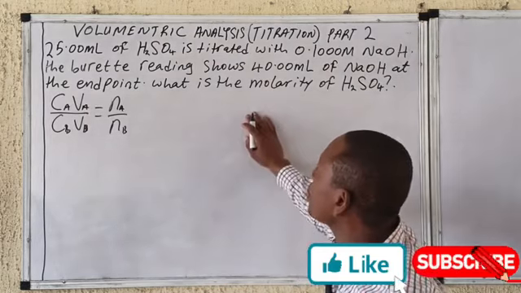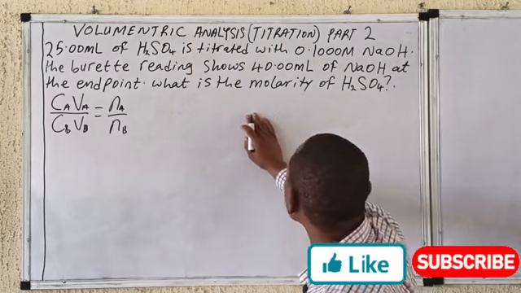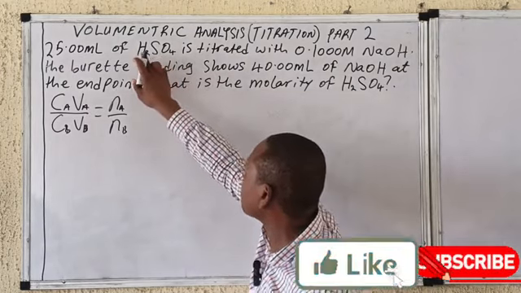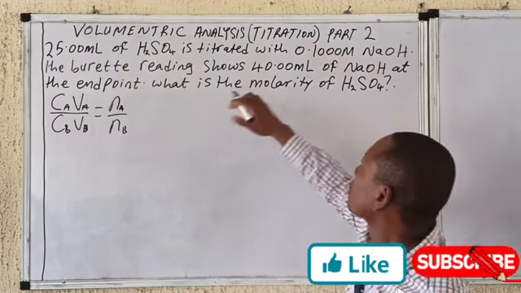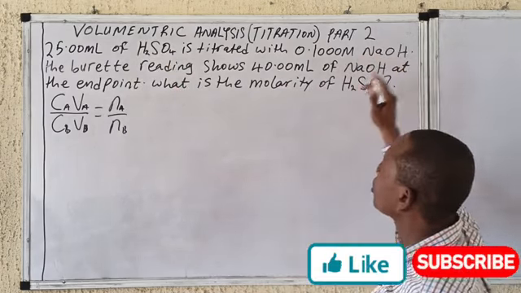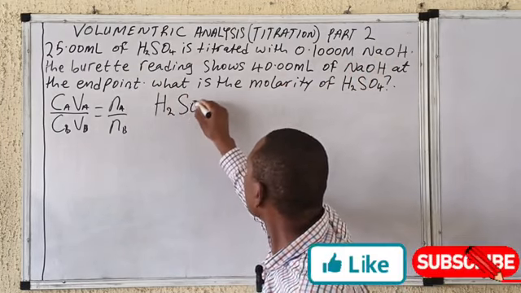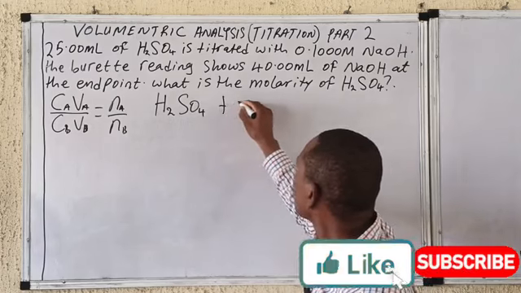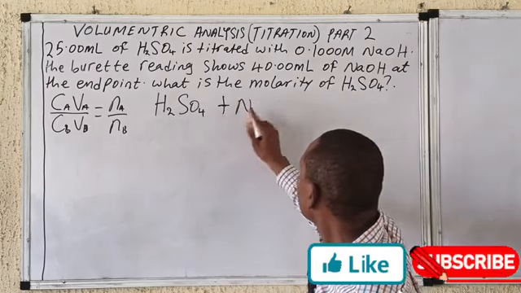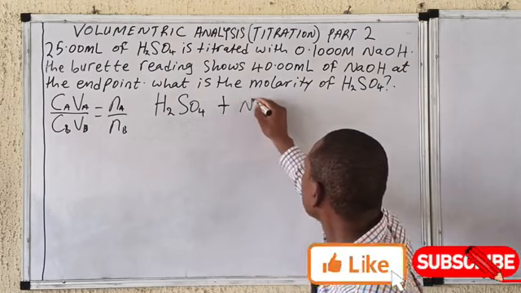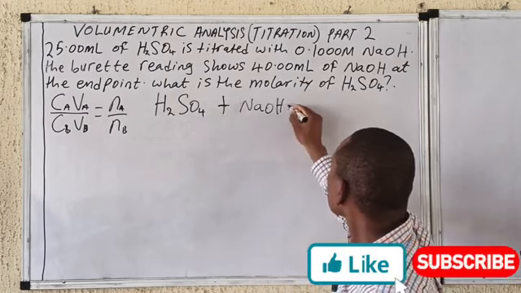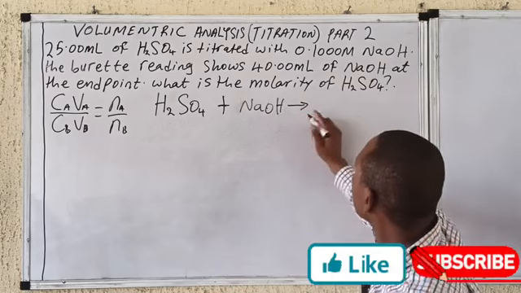Alright, so what do we do? First thing, write out the equation of the reaction with the two compounds involved, tetraoxosulphate VI acid and sodium hydroxide. So let's write out the reaction. Plus sodium hydroxide. What will it give?